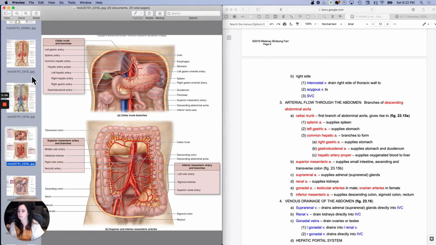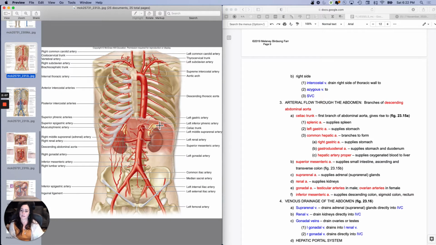Okay, so let's look at these branches in a couple of different ways. If we have most of the guts cut off, this is the celiac trunk, the superior mesenteric artery, and then the inferior mesenteric artery. To reiterate, the celiac trunk supplies the stomach, the liver, the spleen, and the duodenum.